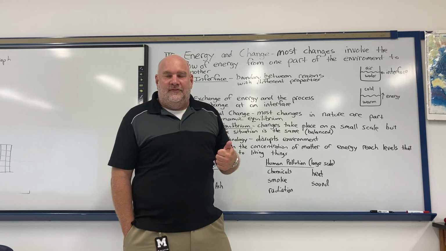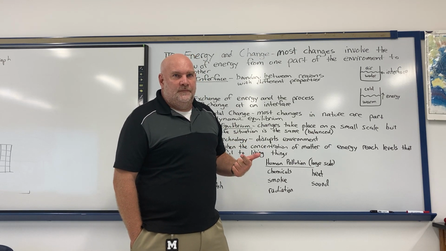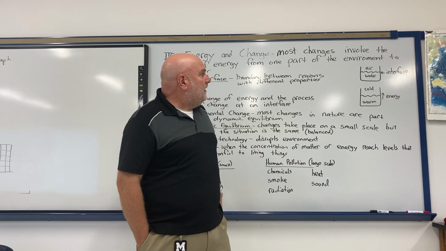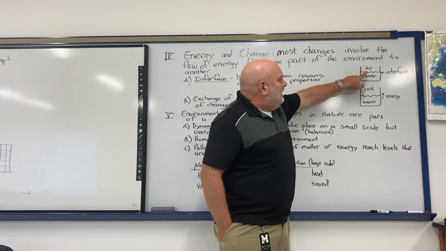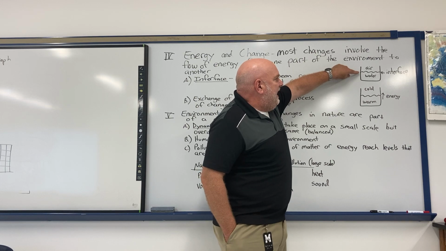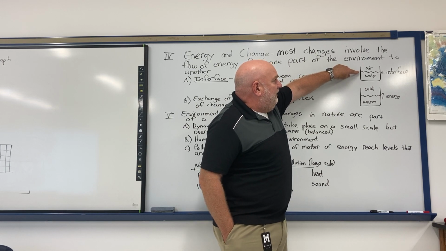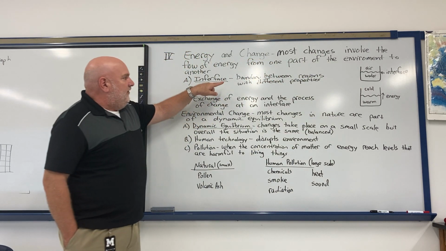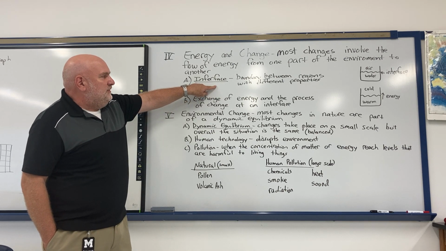So they have different phases and they have different chemical compositions for the most part. Now, the boundary between the two, so the top of the water and the bottom of the air, that is the interface. So an interface is a boundary between regions with different properties.